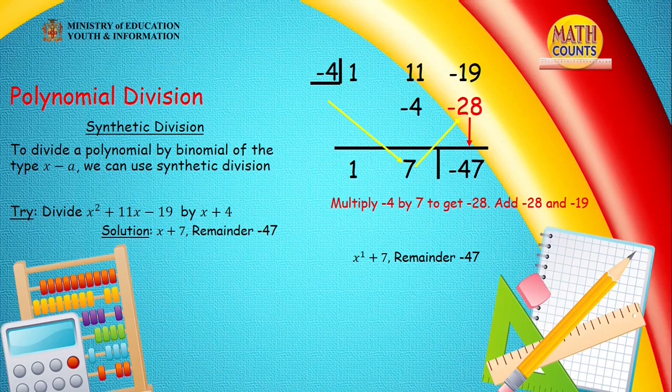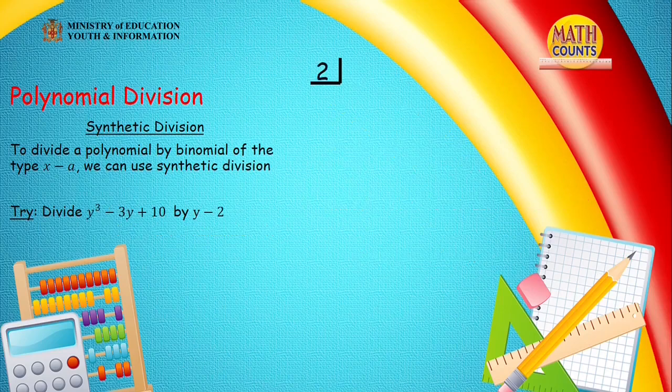Let's try another one. All right, let's do another example of synthetic division. So for this example, we have divide y to the 3rd subtracted by 3y plus 10 by y minus 2.